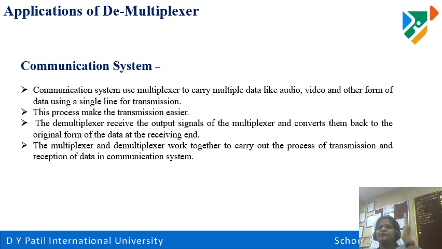So if 4 inputs are converted to 1, this 1 is given as an input to the demultiplexer and it converts back to 4. So it is used back to back in order to get back the original. The multiplexer and demultiplexer work together to carry out the transmission and reception of data in communication systems. So these are the applications of a multiplexer and a demultiplexer.